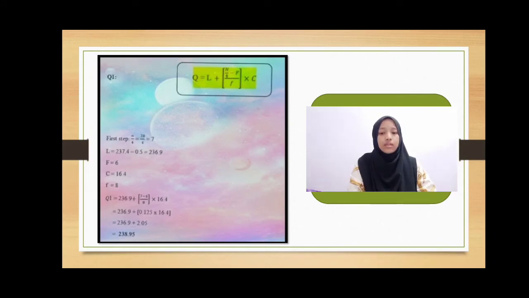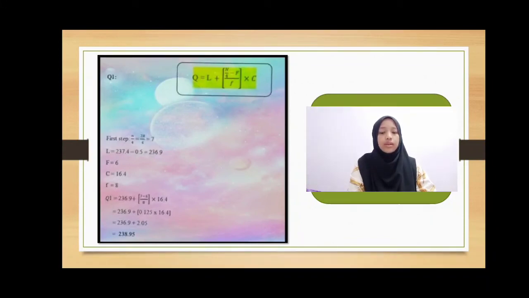L is 237.4 minus 0.5, which equals 236.9. F is 6, C is 16.4, f is 8.